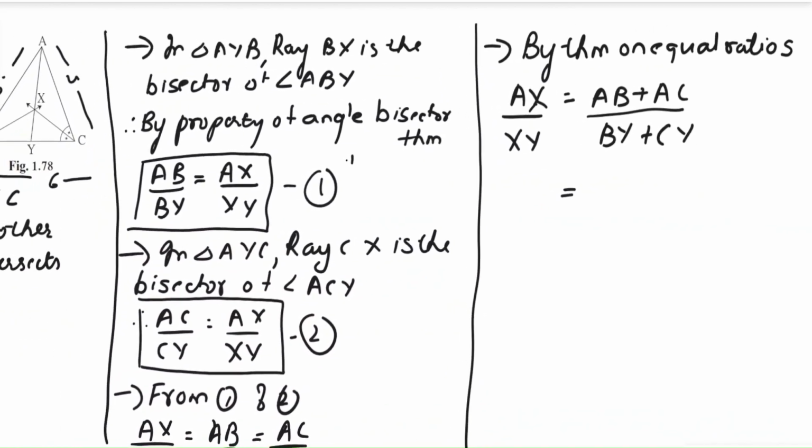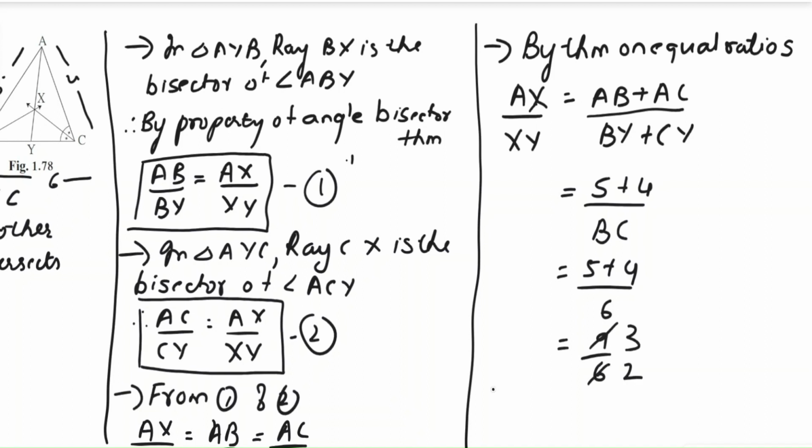So we can write 5 plus 4 upon BY plus YC. BY plus YC is BC. So 5 plus 4, and BC value is 6. 5 plus 4 is 9 upon 6. 3 3s are 9, 3 2s are 6. So final answer we can write AX upon XY is equal to 3 upon 2.